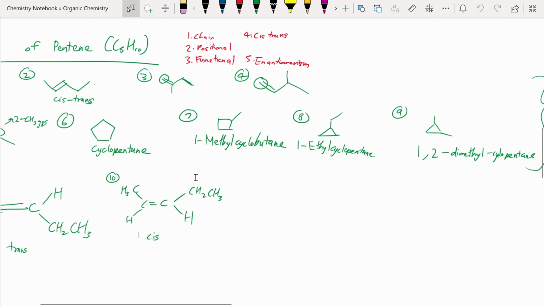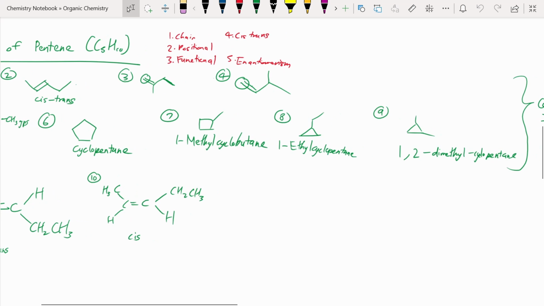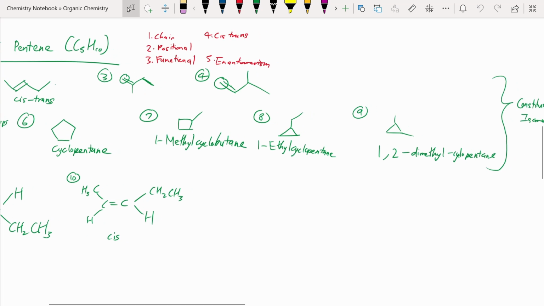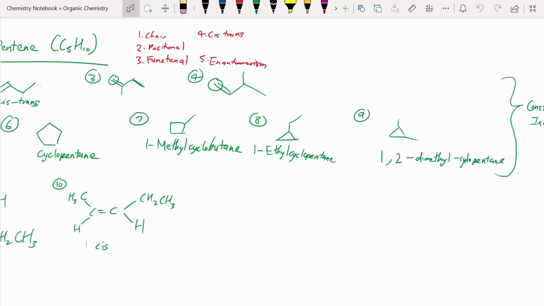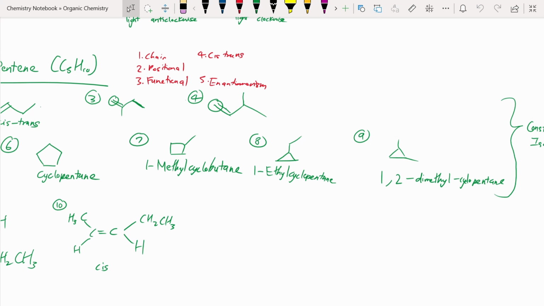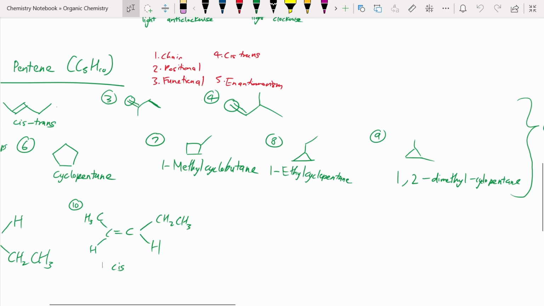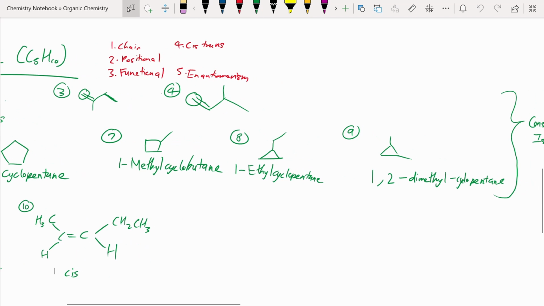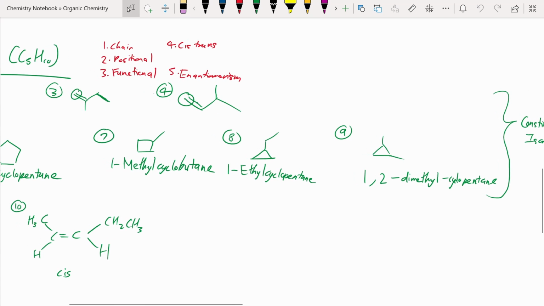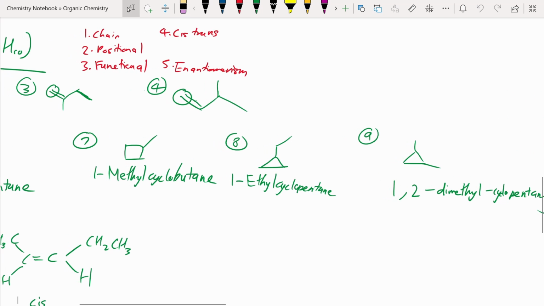Also notice that cis-trans isomerism can also exist in cycloalkanes and cycloalkenes. So as you can see here, from organic molecules 6 to 9, you can see there are closed rings. So let's take a look at each of the closed rings and see whether cis-trans isomerism does exist.